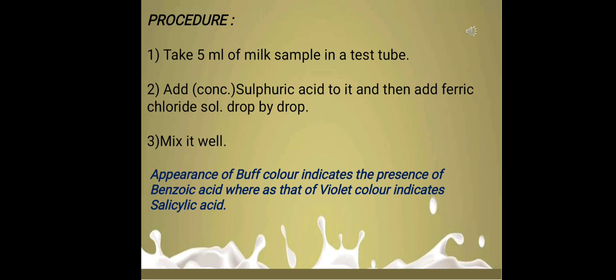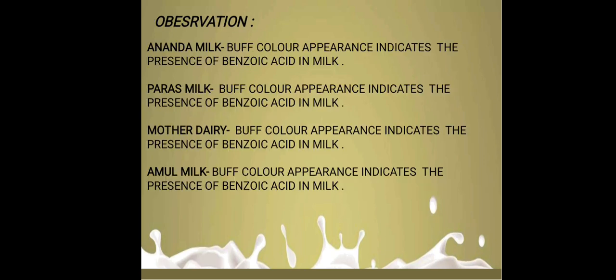The appearance of buff color indicated the presence of benzoic acid, whereas that of violet color indicated the presence of salicylic acid. Change in color indicates the presence of benzoic acid in milk.